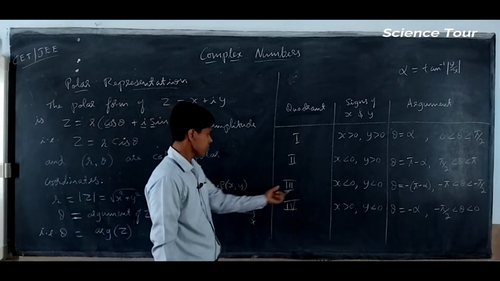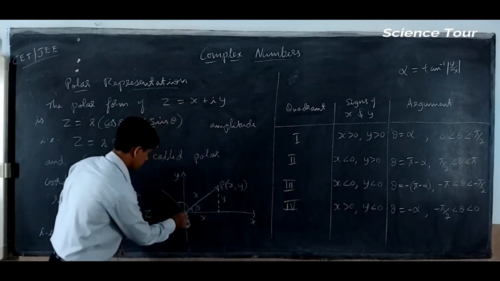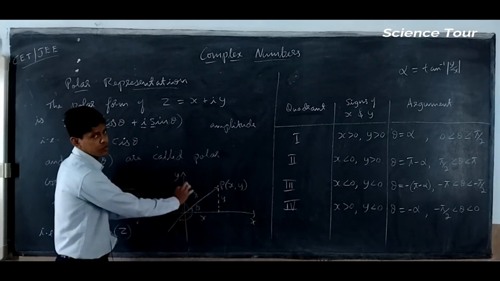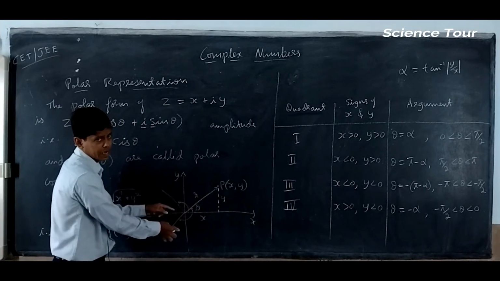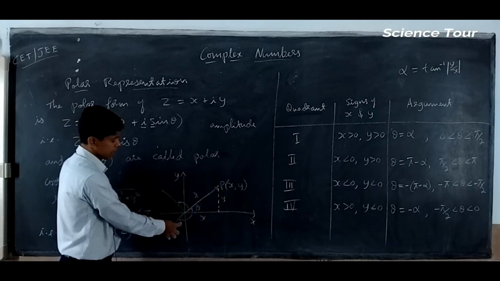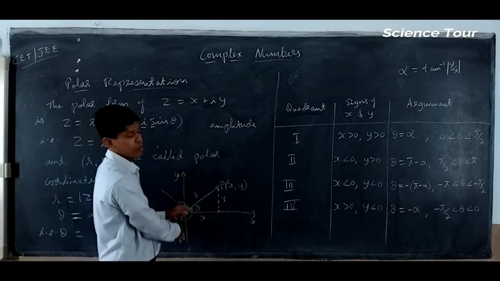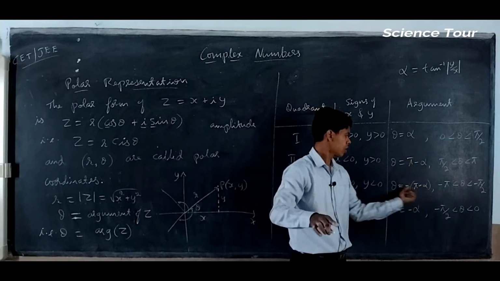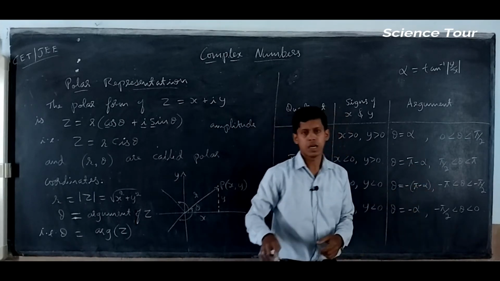Then if it is in the third quadrant, if you are going this way the angle is positive, if you are coming clockwise the angle is negative. So here the angle is negative of pi minus alpha. So second quadrant it is pi minus alpha, third quadrant it is minus of pi minus alpha.